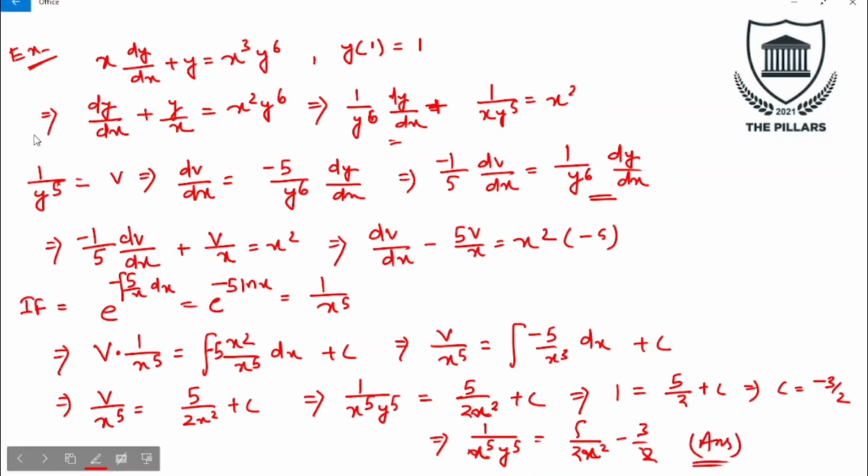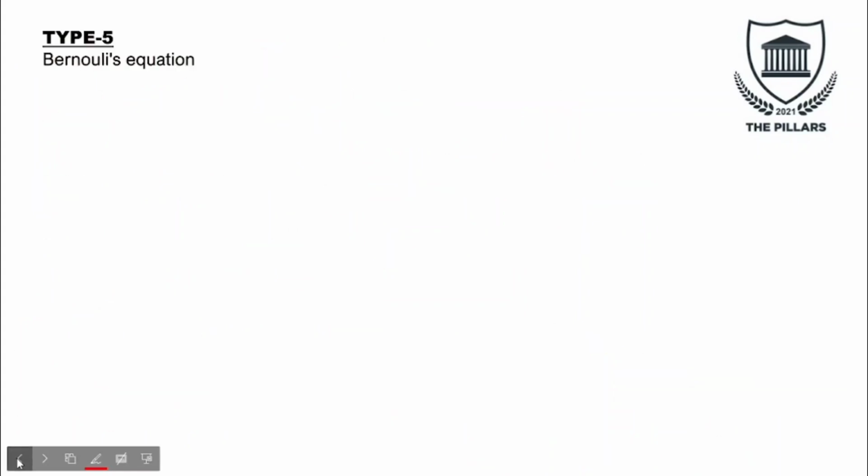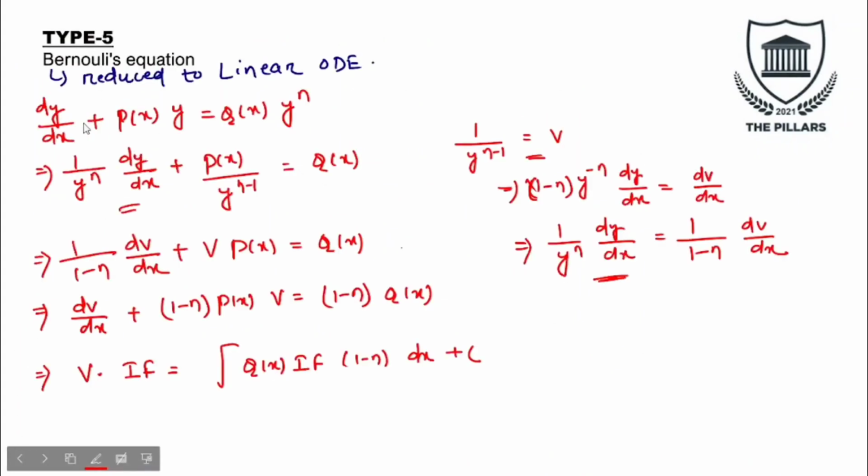So what we did in this kind of ordinary differential equation is, first we have been given a differential equation in which in the right hand side y to the power n is multiplied, and we first take this y to the power n term to LHS and divide throughout, and then we consider this 1 by y to the power n minus 1 as v, and after differentiating we can substitute this term as the first term in the LHS.